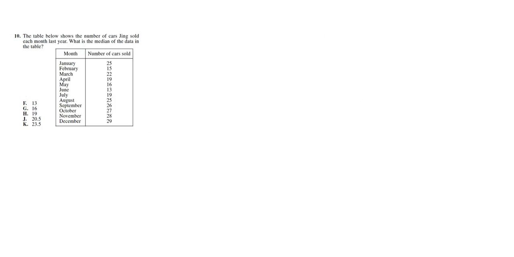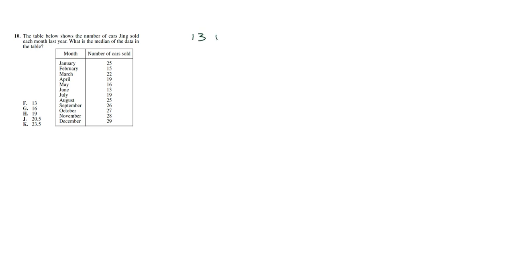Number 10. The table below shows the number of cars Jing sold each month last year. What is the median of the data in the table? First step in getting the median is to arrange the numbers in increasing order. So let's do that. Let's look at the ones first. We have 13.